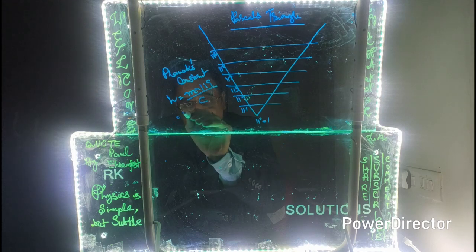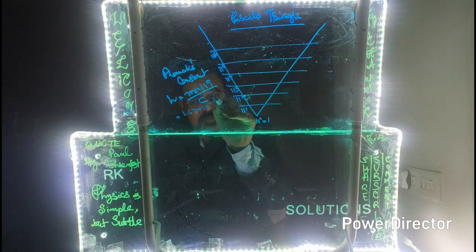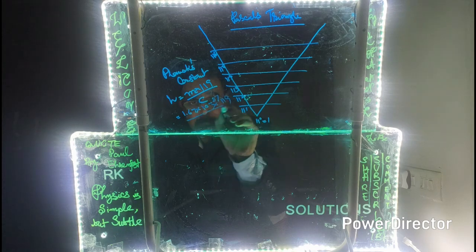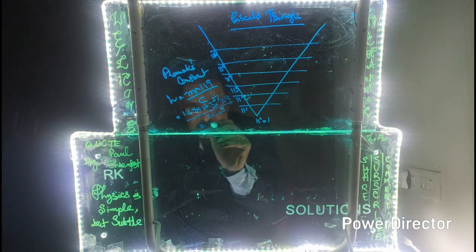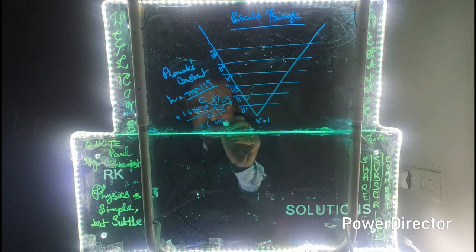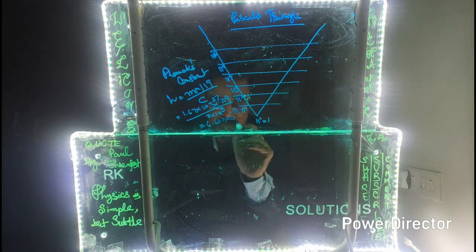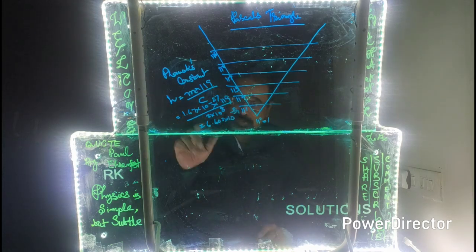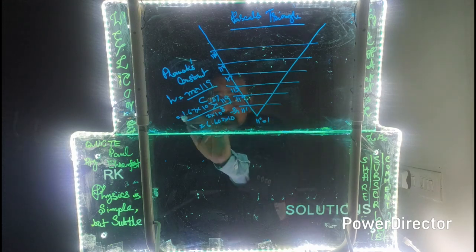This m is 1.67 into 10 raised to minus 27 into 119 by 3 into 10 raised to 8. This gives me approximately 6.062 into 10 raised to minus 34 joules units. Don't bother about units, but this is what my chance discovery was.